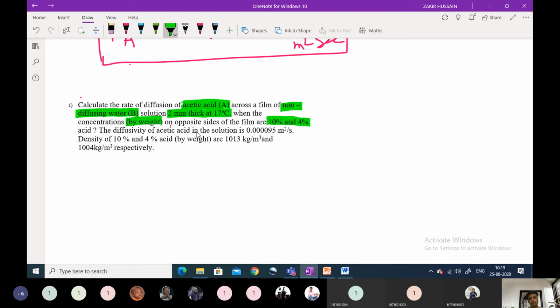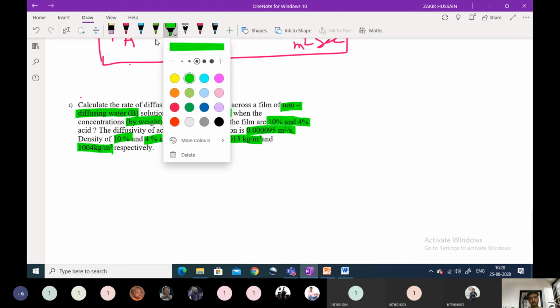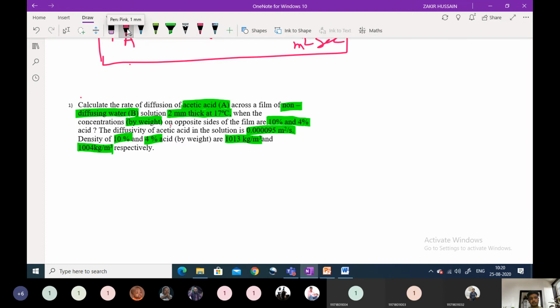Then the diffusivity of acetic acid in the solution is DAB equal to 0.00095 meters square per second. Then the density at 10% is 1013 kg per meter cube, and at 4% the density is 1004 kg per meter cube. This is also a simple problem, the same as the earlier problem.